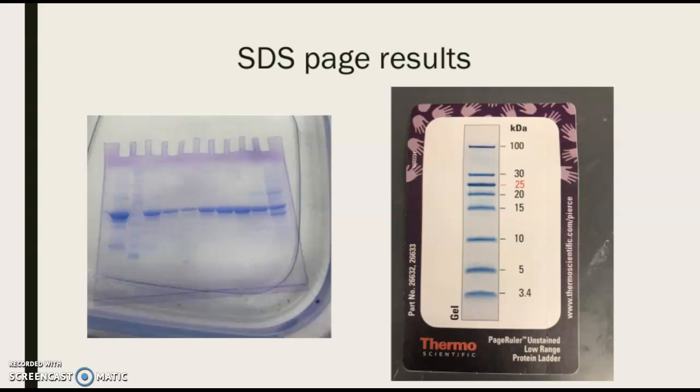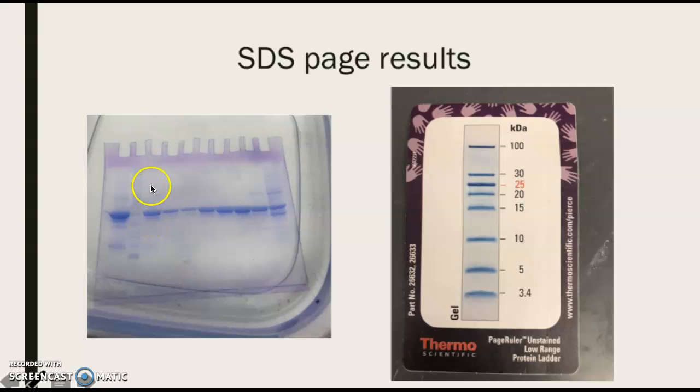So on the left is an example of an SDS page that we ran in the lab. The ladder is this faint one right here. This would be our crude, and this would also be our crude. It's nice to have the crude on both ends to compare to the ladder and to your samples.